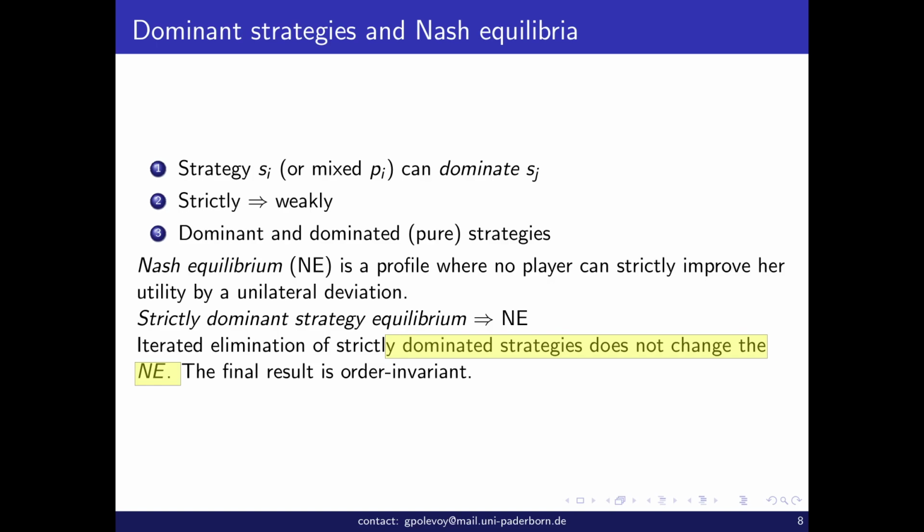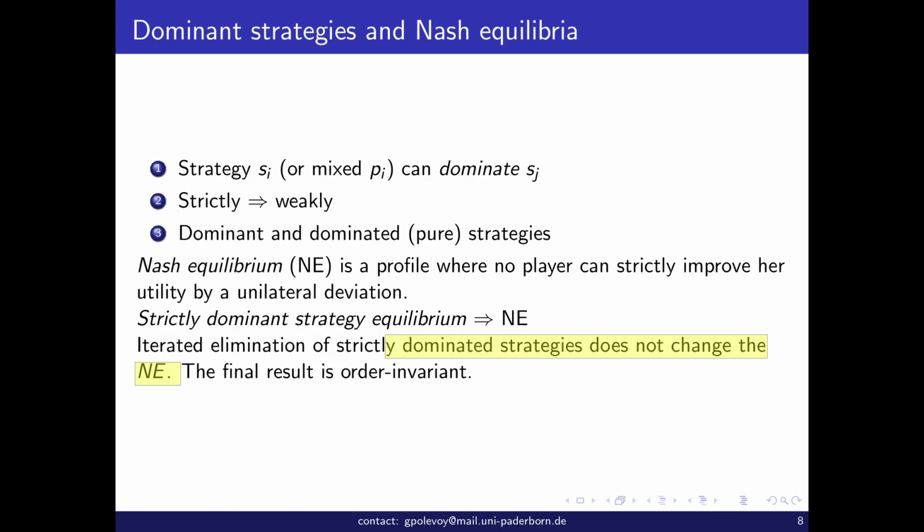When we iteratively eliminate strictly dominant strategies, the order does not matter. It will always result in the same set, and the set will have exactly the same set of Nash equilibria.